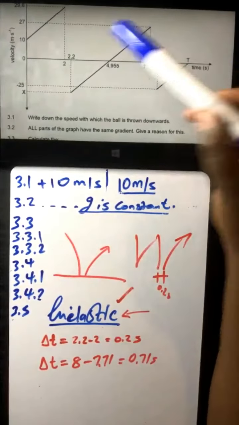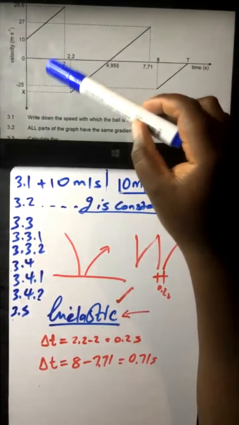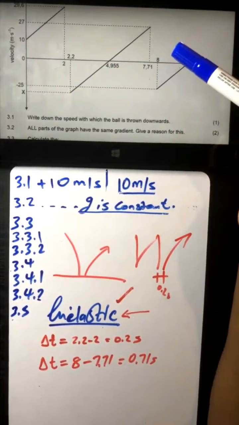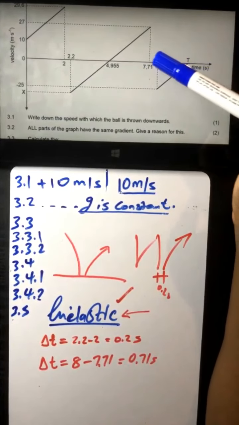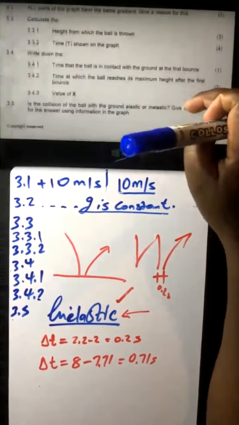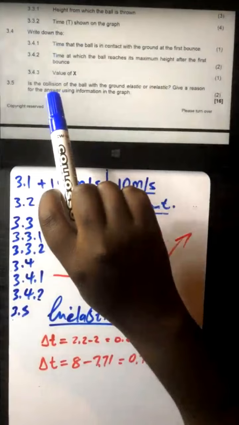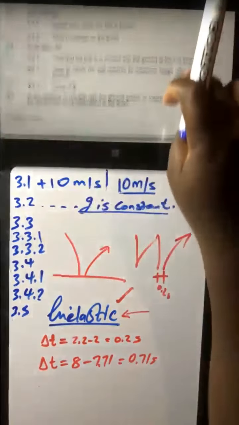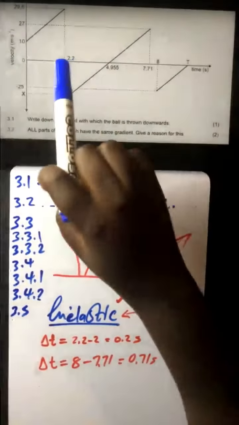So you still perform the same calculation as you did on that other side. So that means 8 minus that is the time at which that ball is in contact with the ground. And again, this is a question that is based on both of these scenarios.